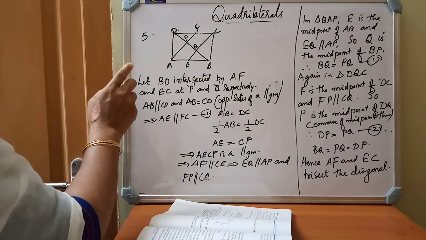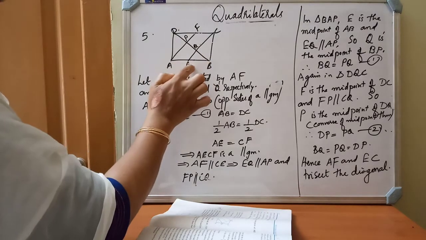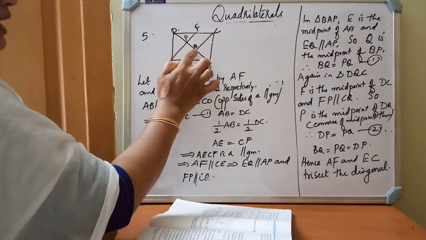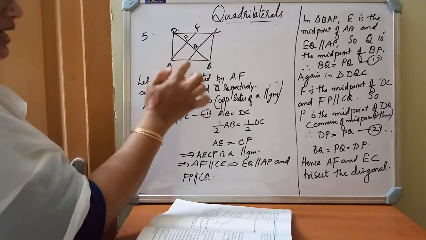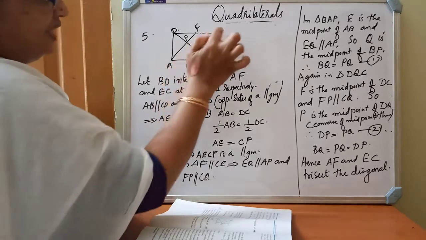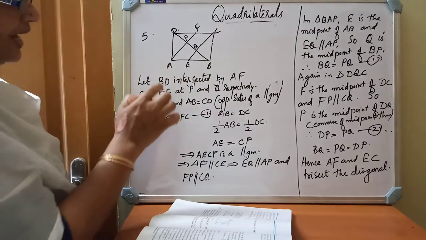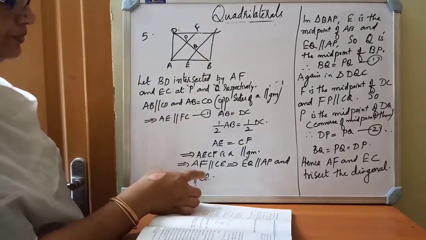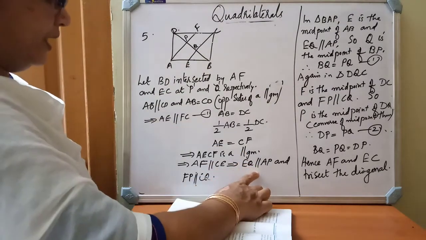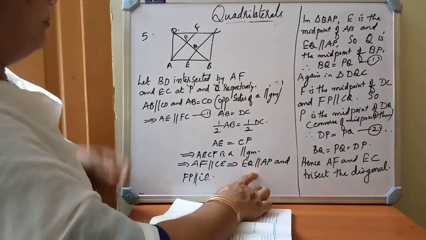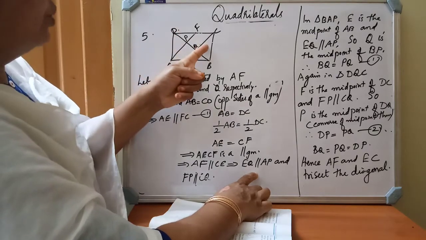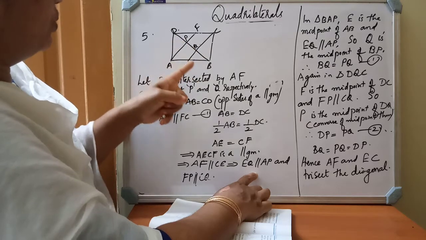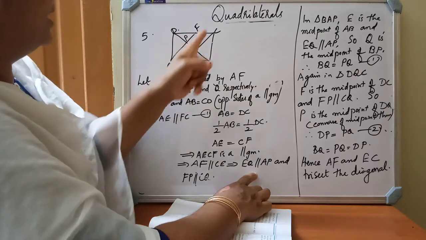We can say that EQ must be parallel to AP, because P and Q are points that lie on the two parallel lines AF and EC. And FP parallel to QC, because P and Q are points on the two parallel lines AF and CE.